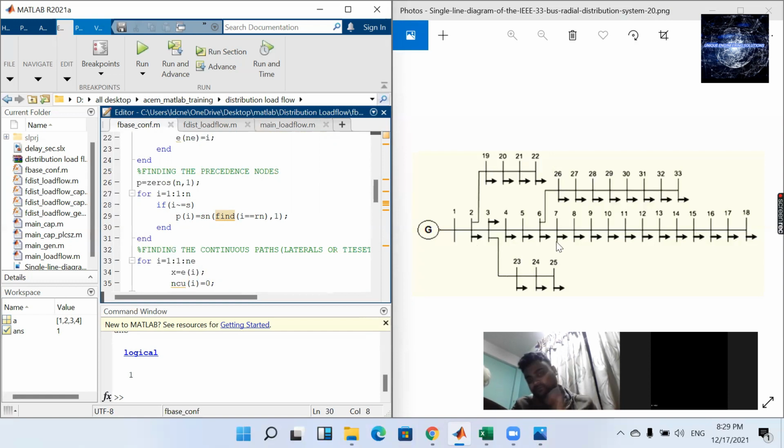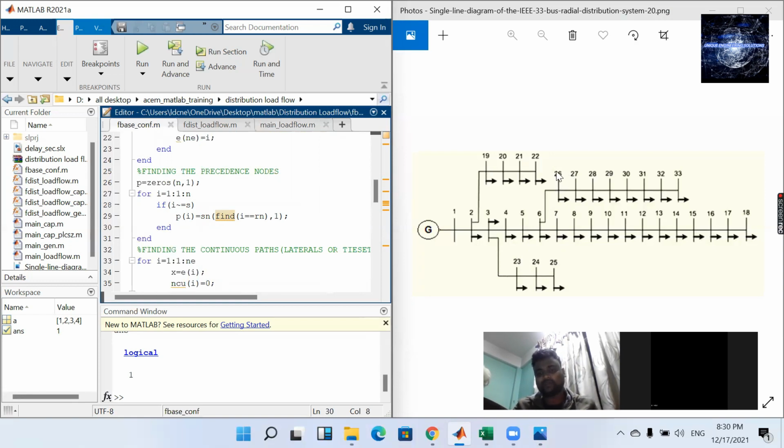Let's see from an example how you can find the precedence node. Suppose we have to find the precedence node of 26.